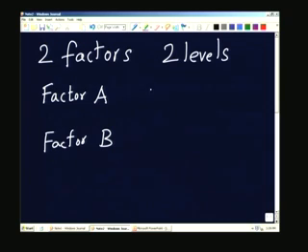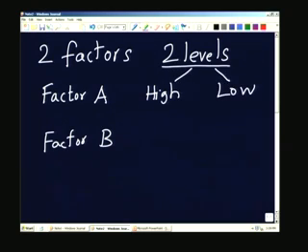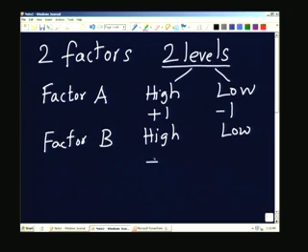2 levels I can have a high value and a low value, because 2 levels means there are only 2 levels. It is allowed to take only 2 values as far as this particular design is concerned. Again a high value here, a low value here. Normally what we do is we take the high value as +1, low value is -1, similarly here +1 and -1.